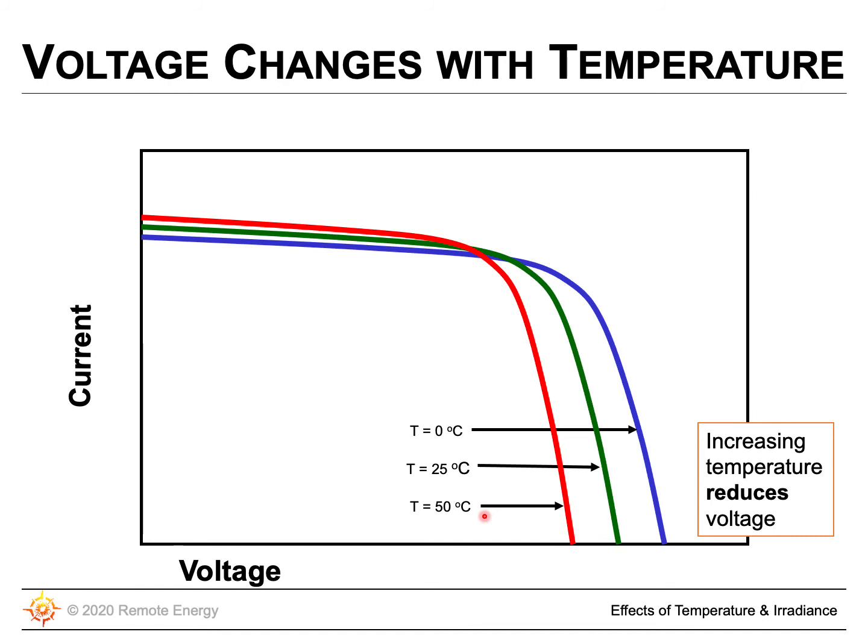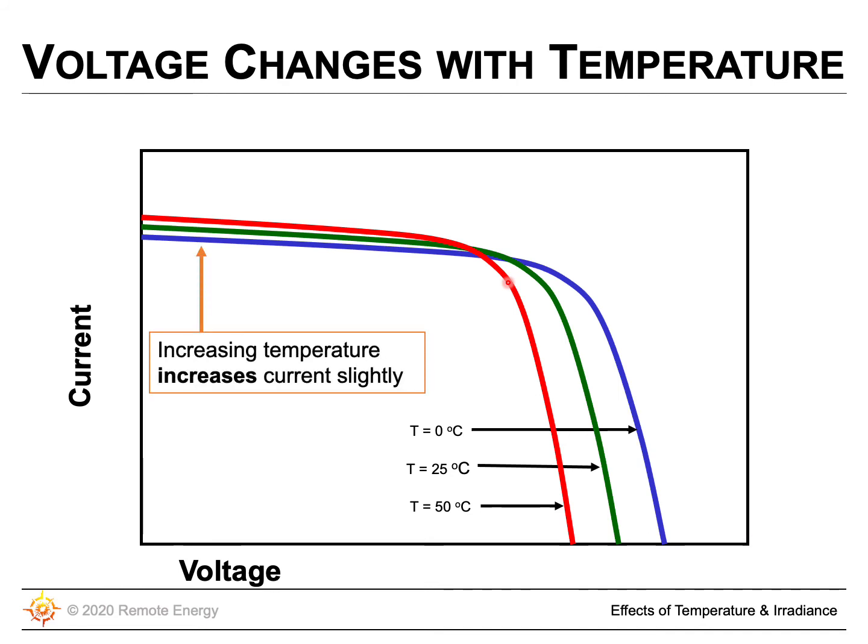As our cell temperature increases, what happens to our voltage is it decreases. Okay, so there's an inverse relationship. So we increase the temperature, it reduces our voltage, and therefore, remember our power point is right here, so the power is going to decrease as well. So in that case, with the hotter temperatures for this red line, it increases the current slightly, but it's not very significant.